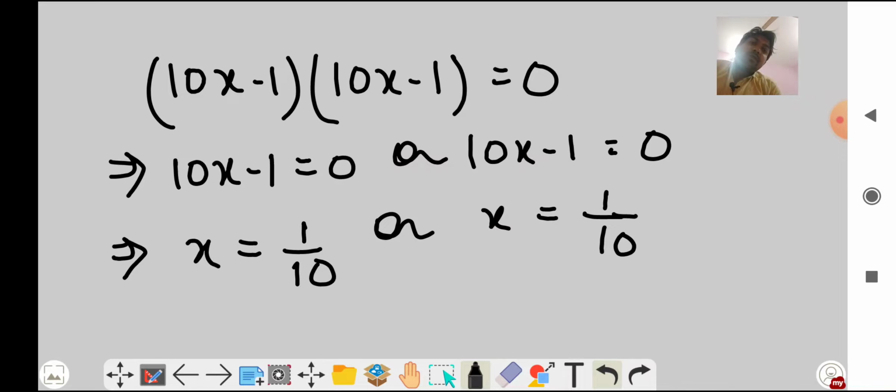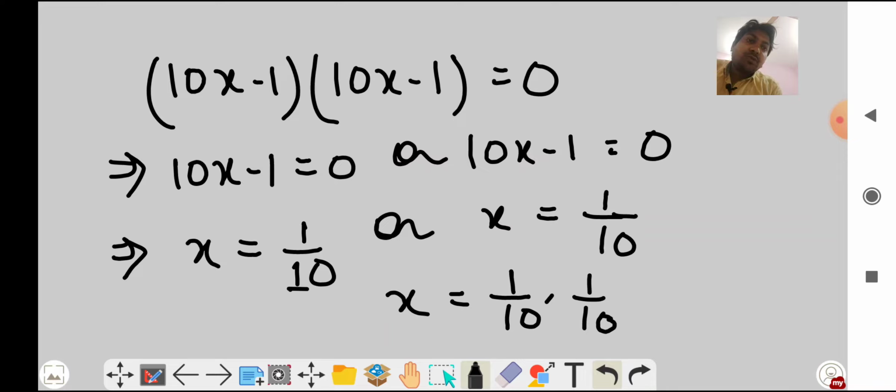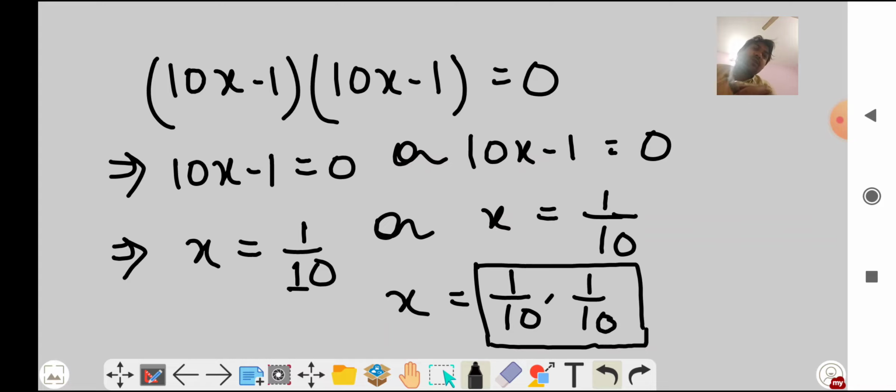It means both the two roots are equal. So the value of x is 1 by 10, 1 by 10, right? These two roots are equal and the value is 1 by 10, 1 by 10. Is it clear to all, guys?